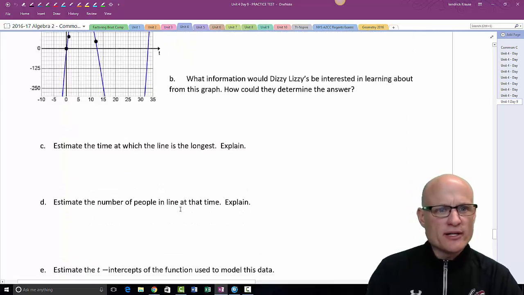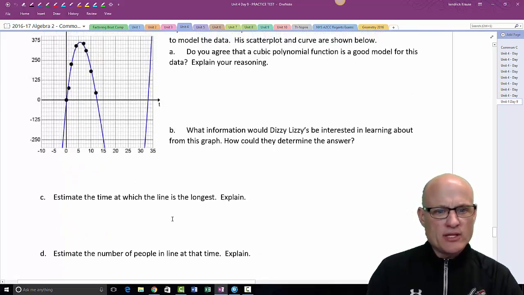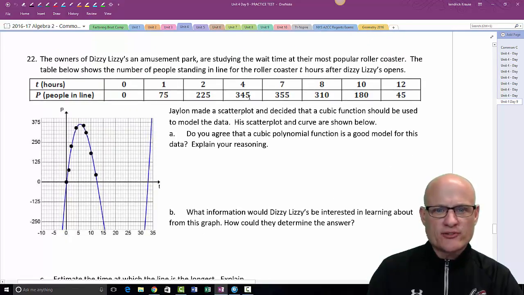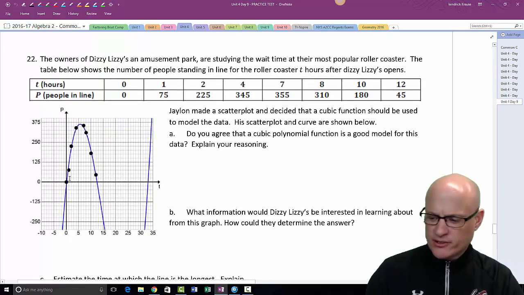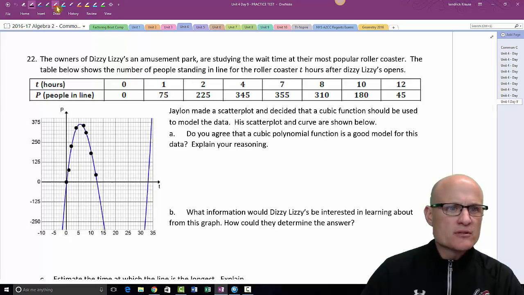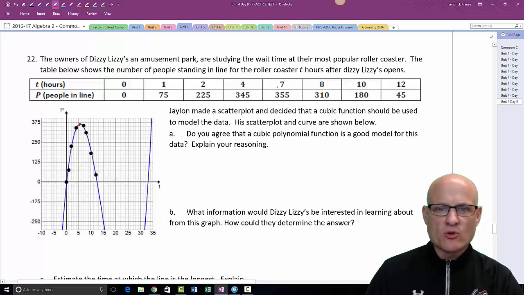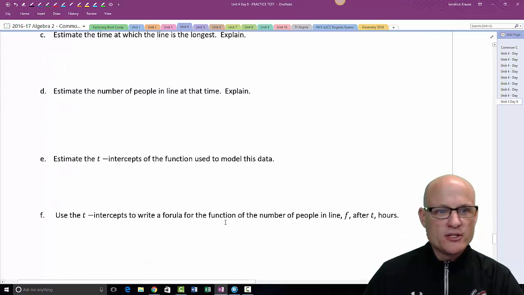I probably should have done this one beforehand. Estimate the time at which the wait time is the longest. Well, it looks like it's somewhere right here. I'm going to grab my pen. It looks like it's right here as the wait time is the longest. So that's somewhere between 4 and 7 hours. That's 4 hours, that's 7 hours. So I would say approximately 6 hours after the park opens.